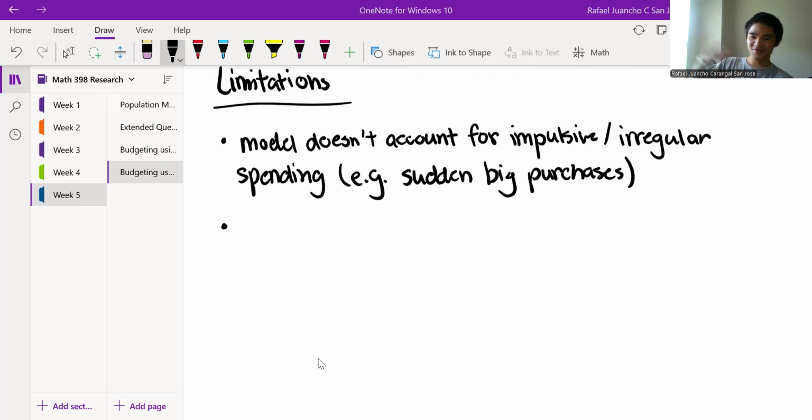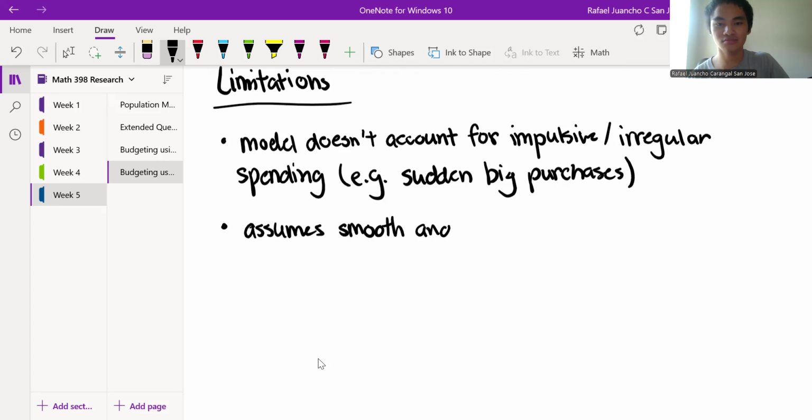So like, let's say I bought a Gucci bag which cost like 100 using my dining plan, which is technically not possible because that's only for food. Something like that. And then here it kind of assumes a smooth and continuous rate, which isn't true for real life discrete transactions, right?